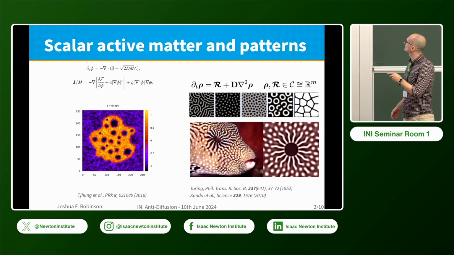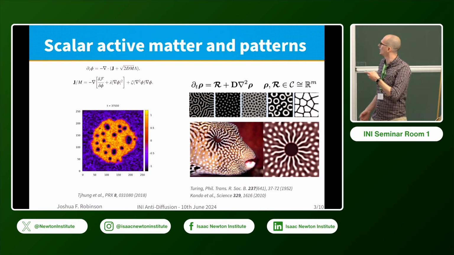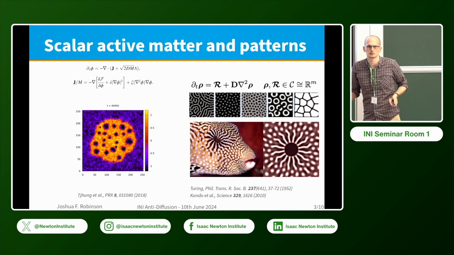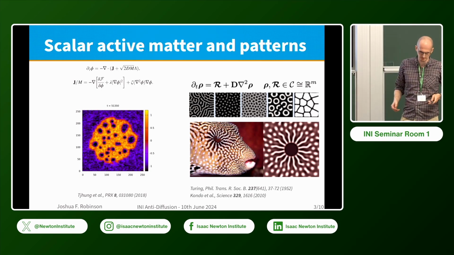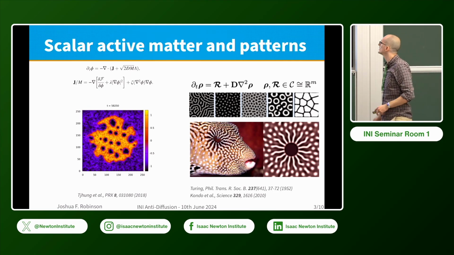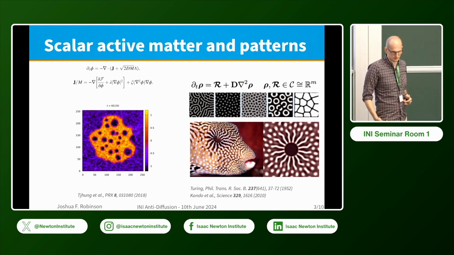It's well known that you can get stable patterns out of this: stripes, dots, arguably a fish's eye. It's applied across all length scales in biology, the zeroth order model for a lot of descriptions. So we have two classes of model which both predict stable patterns.